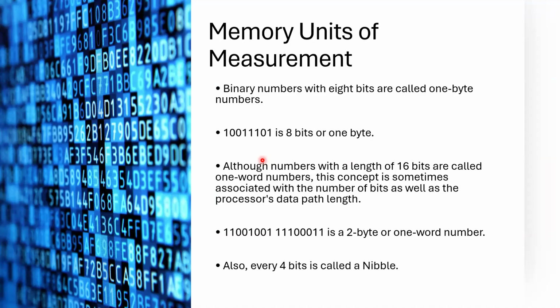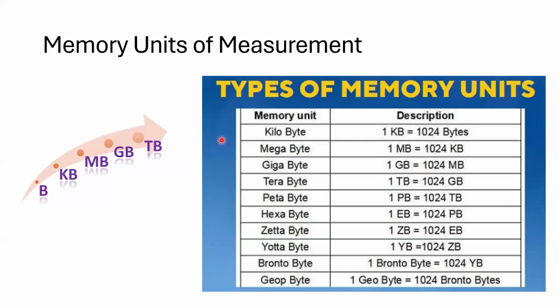And binary numbers with 8 bits are called 1-byte numbers. So if you see this kind of structure, we have 8 bits and we call this structure 1 byte. And we have a table for these memory units, as you see. We are generally familiar with this table, because we need to store data such as on our hard disks, right?